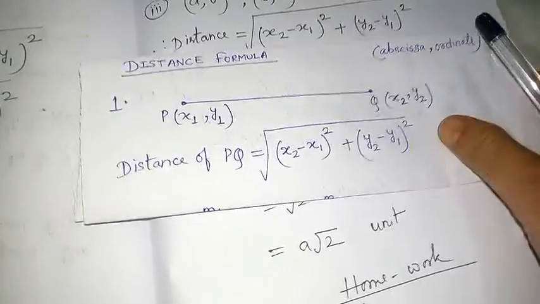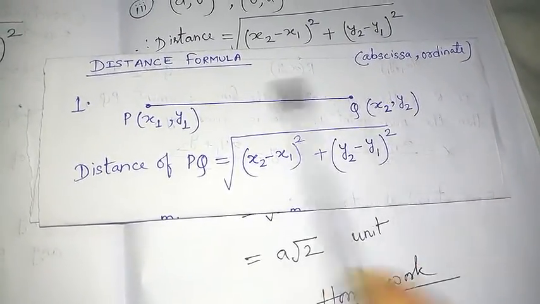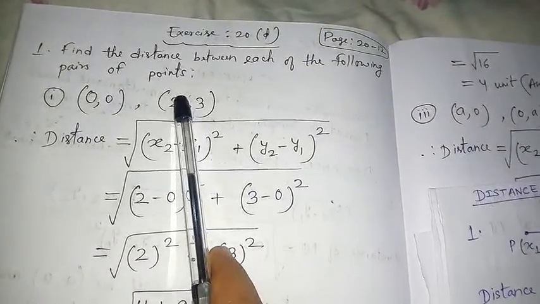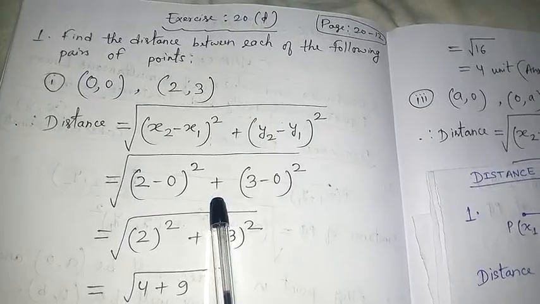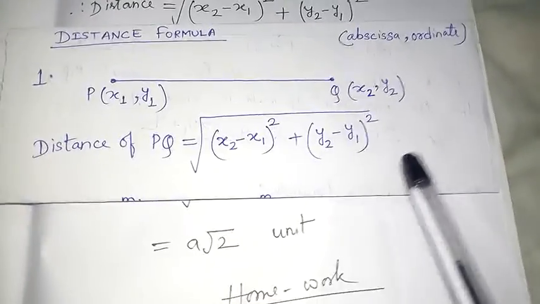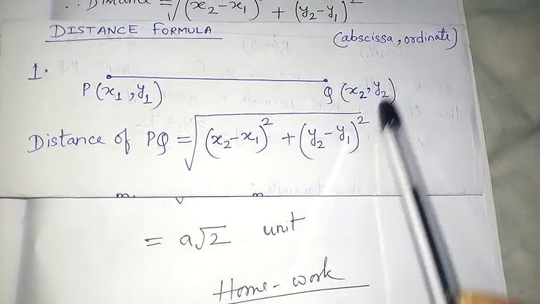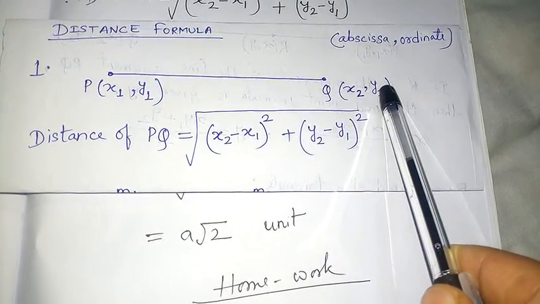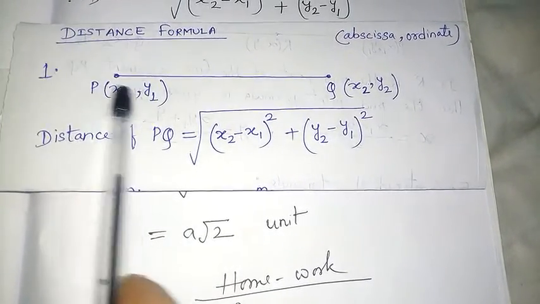You can see I have the formula here: this minus this whole square. So we do 2 minus 0 whole square plus, as the formula says, y2 minus y1 whole square. That means second point's second value, first point's second value.